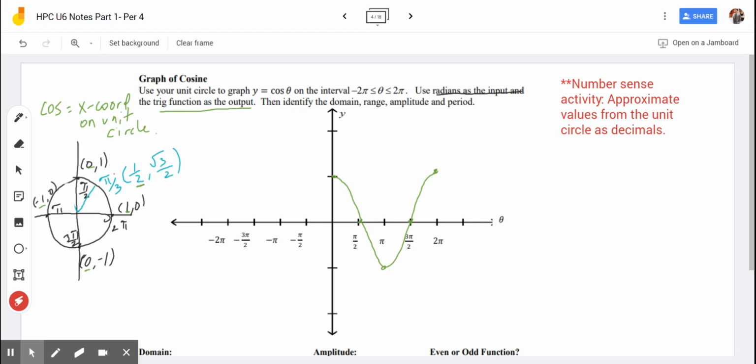Pi over 3, if you were to write that as a decimal, would be just a little bit more than 1, right? Pi over 2 is 3.14 divided by 2, so it's a little bit more than 1.5. So it makes sense that at pi over 3, which is a little bit more than 1, about 2/3 of the way to that tick mark, we're going to be at 1/2.